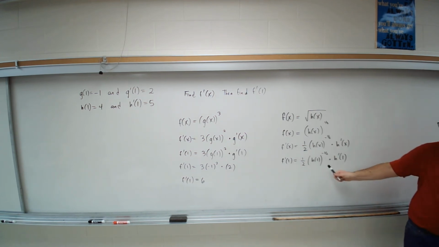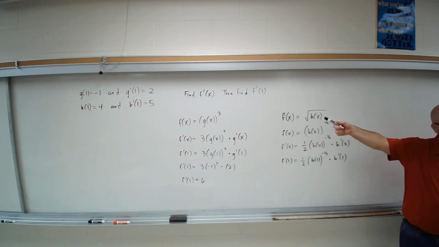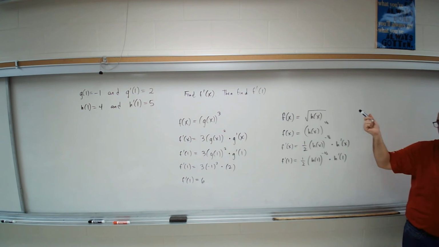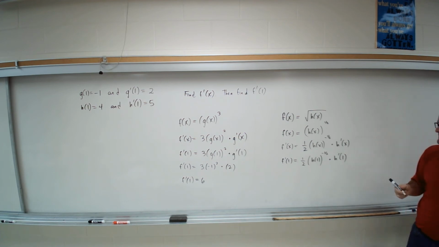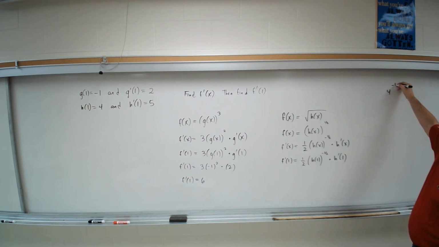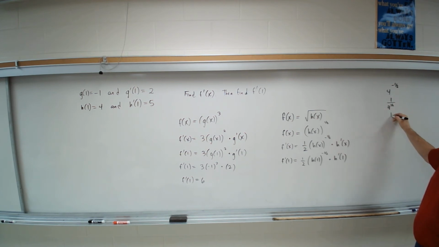Okay, so this one, you might need to think about. This is going to become 4, correct? We know from our data that h of 1 is 4. 4 to the -1/2 power, you might think about what that means. So let's see. Isn't that like 1 over 4 to the 1/2? Right, and that's 1 over the square root of 4. Right, so it's just going to give us 1/2.